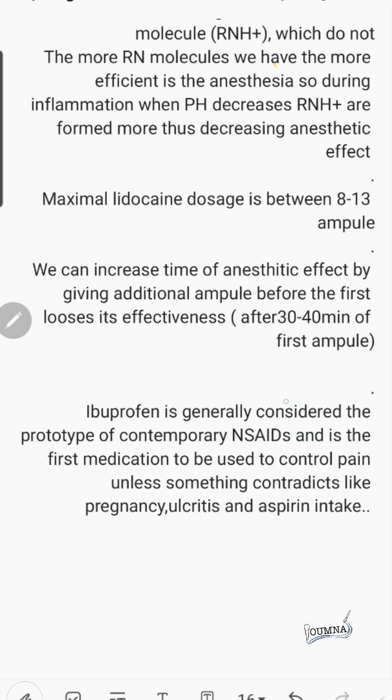It is generally considered the prototype of these kinds of drugs, and it is the first medication to be used to control pain unless there is a contraindication, like pregnancy, arthritis, and aspirin intake, where the patient may have a danger of internal bleeding.